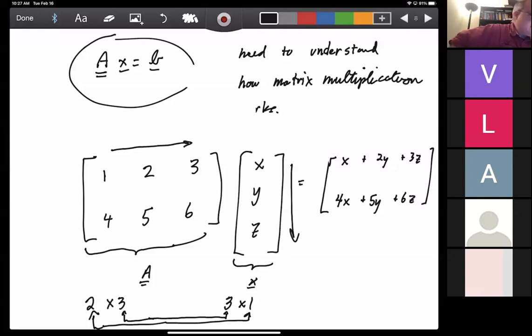This multiplication has lots of properties that are important to be aware of. And probably the most important thing to be aware of is that this is not commutative.